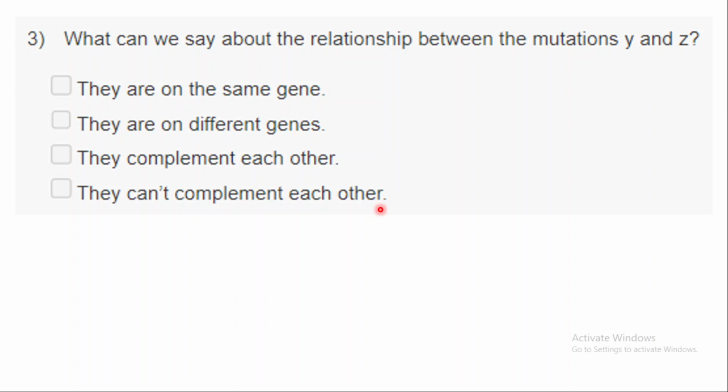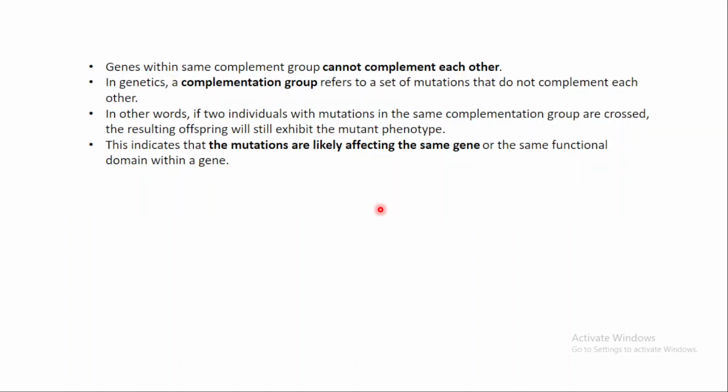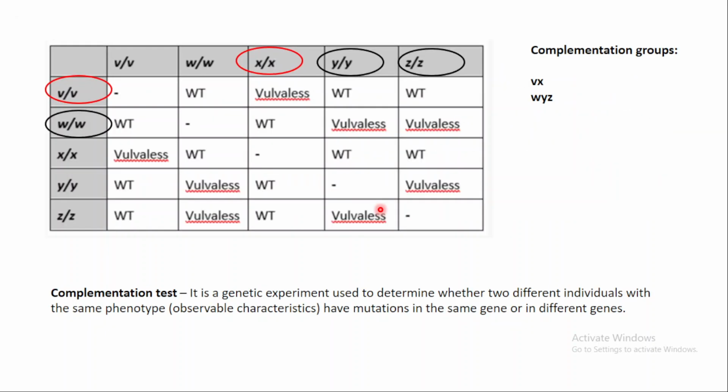Now, what is the relationship between the mutations Y and Z? There are 4 statements. Let me know what you think is the correct answer. It's very intuitive after the explanation we had just now that Y and Z belong to the same complementation group, because if you follow the table again, when you cross YY with ZZ, you still get the vulvaless phenotype.